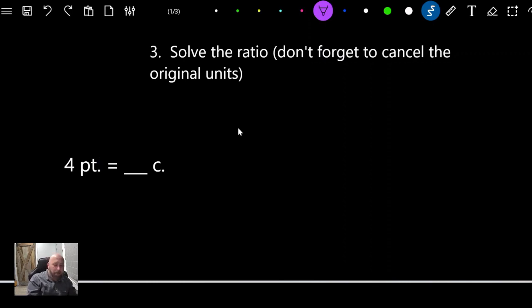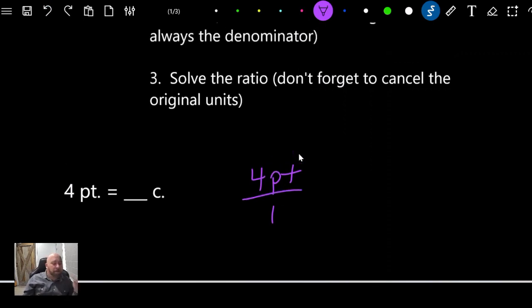How do I write 4 pints as a fraction? Well, you're going to write 4 pints over 1. I told you that was easy, right? You always write whatever you have over 1. Easy. Make it a fraction. That's it. Don't you wish all the steps were that easy? Well, they're not, all right? But that first one is pretty easy.